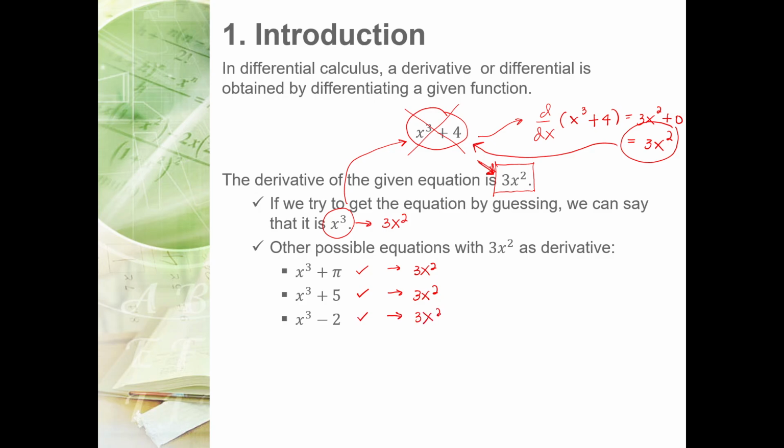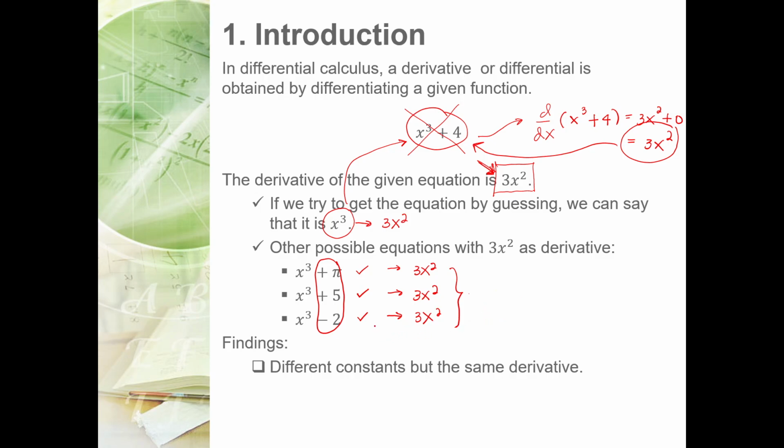So notice that we have a pattern: as long as your x cubed is paired with a constant, its derivative is always 3x squared. So we can say that the given equations have different constants, but they result in the same derivative, 3x squared. Even x cubed plus 1 million, the resulting derivative is still 3x squared.